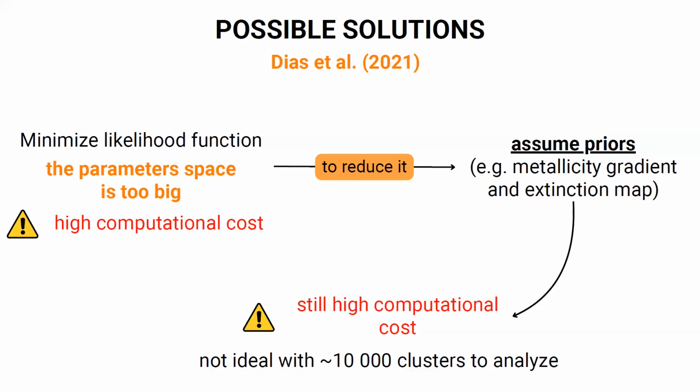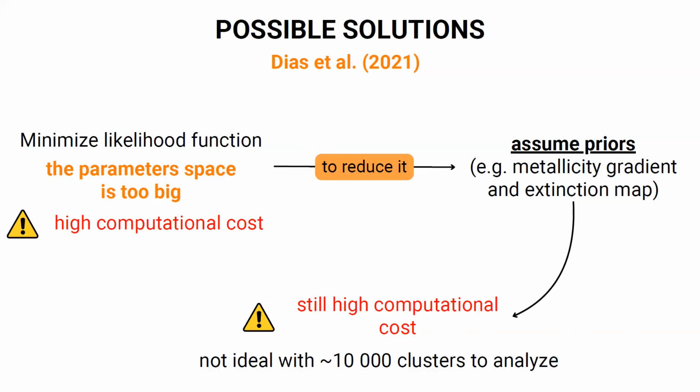And since you are handling a lot of new clusters, the problem just increases. So to avoid this problem, they try to reduce the parameter space by assuming priors, like the metallicity gradient that we saw in the beginning, and also the extinction map. That is just a map that tells you that at some distance in that direction of the galaxy, you find some extinction.